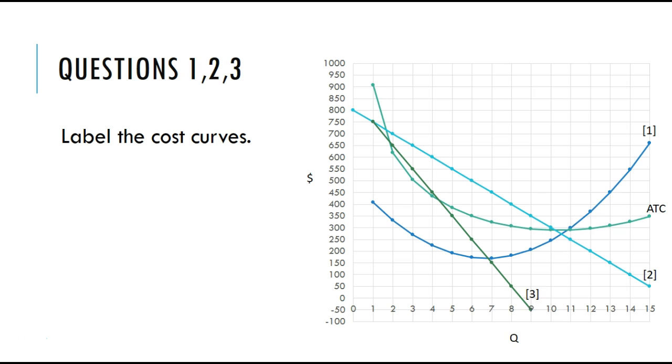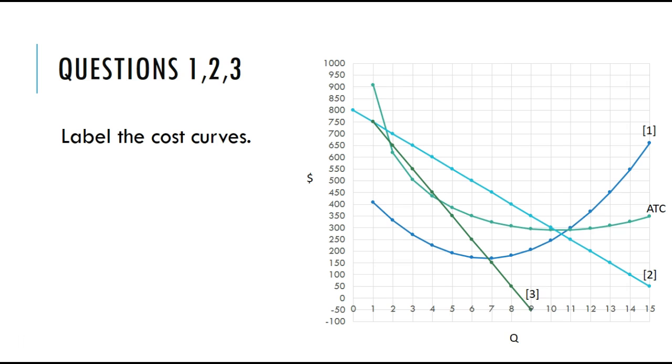The other input is labor, and we'll say that labor is variable, can be changed. You can add more workers to your factory in order to produce more output, but the capital can't be changed. It's fixed. So that's what we're dealing with, the short run, with these curves for this firm.